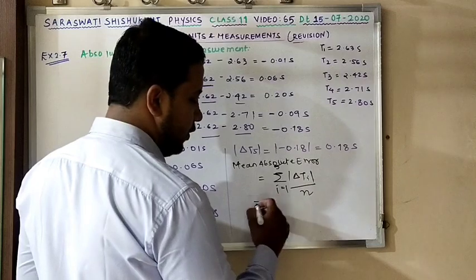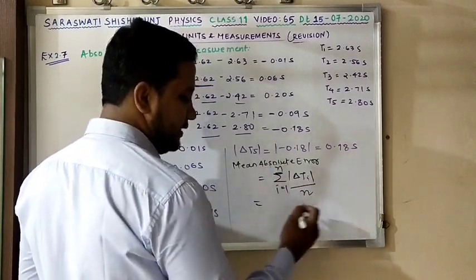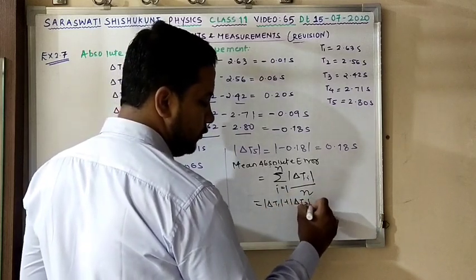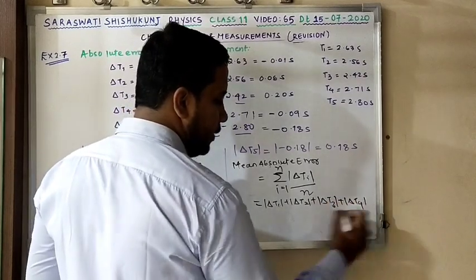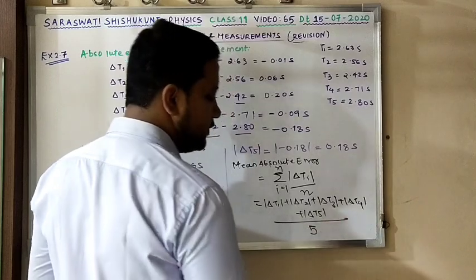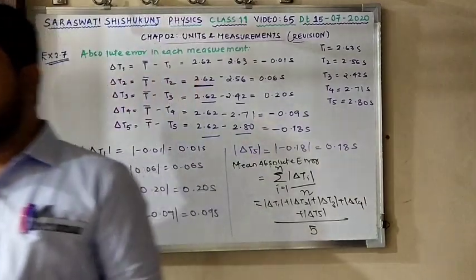Clear? n is 5 over here. More precisely, I can write the modulus of delta T1, modulus of delta T2, modulus of delta T3, modulus of delta T4 and modulus of delta T5, divided by the total number of observations, which is 5. Is this clear? Okay, let me erase the board.